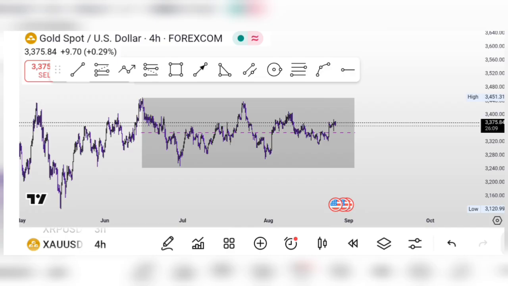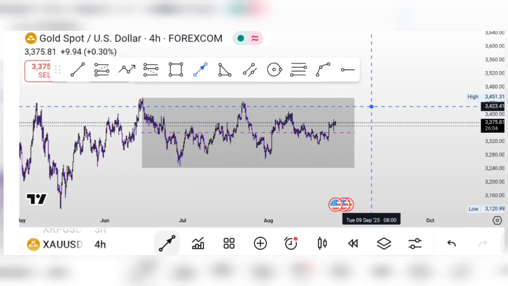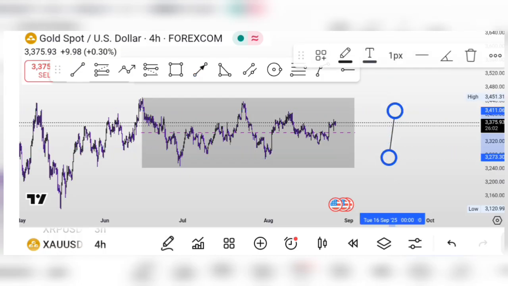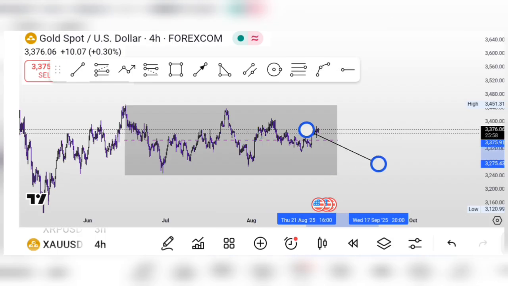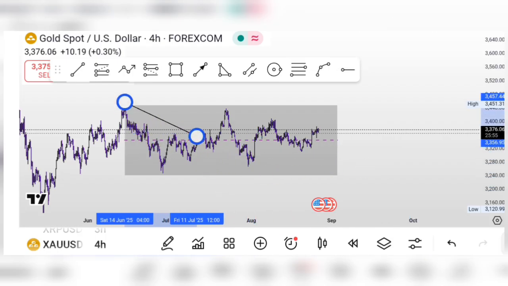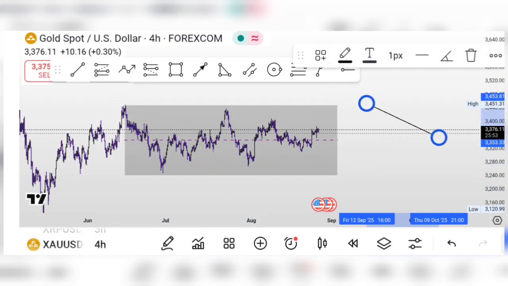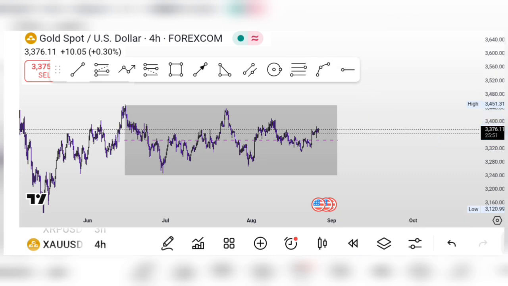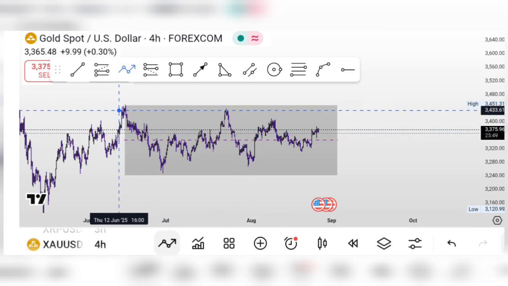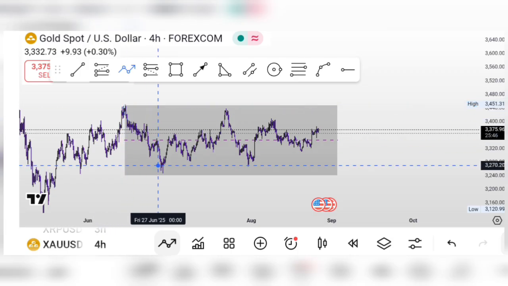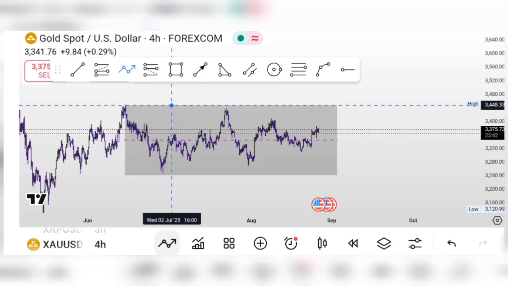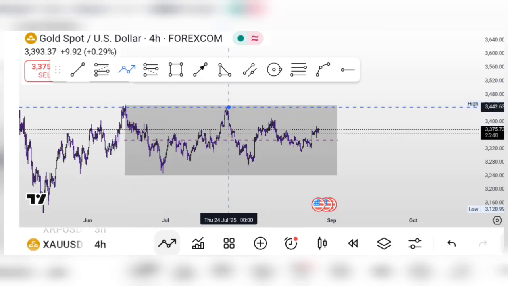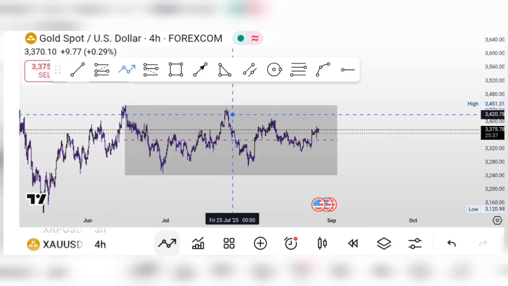The market has been ranging. Let me bring out my arrow so I can use it directly. The market came from this upside here, came down, and went up to the same zone, which is our resistance zone.